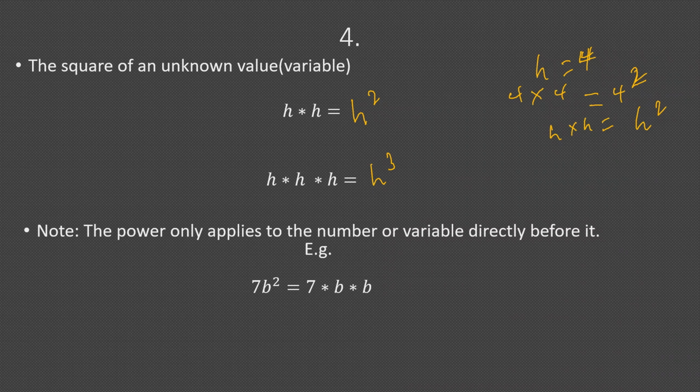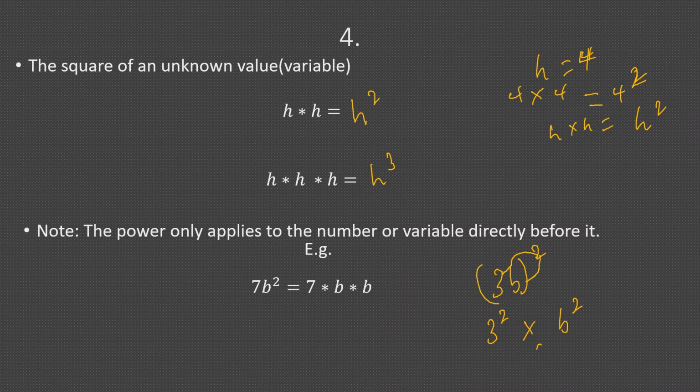If, for example, I have maybe (3b) all in brackets squared, this is where it gets interesting because the square is affecting both the 3 and the b. So what you can do is take the 3 out. So you can say 3 squared, which makes the square affect the 3. And then you can say times b squared, where you make the 2 affect the b.